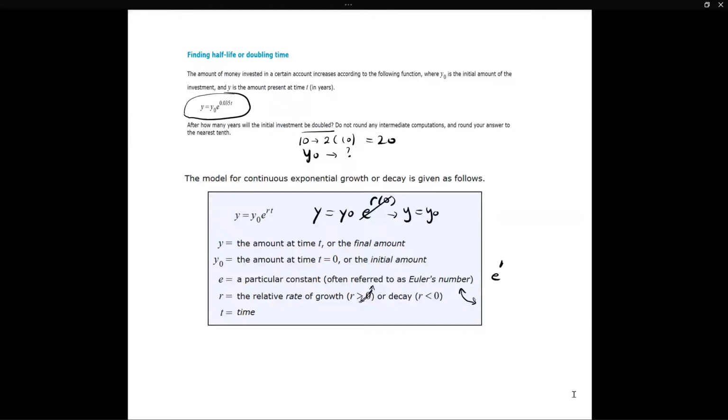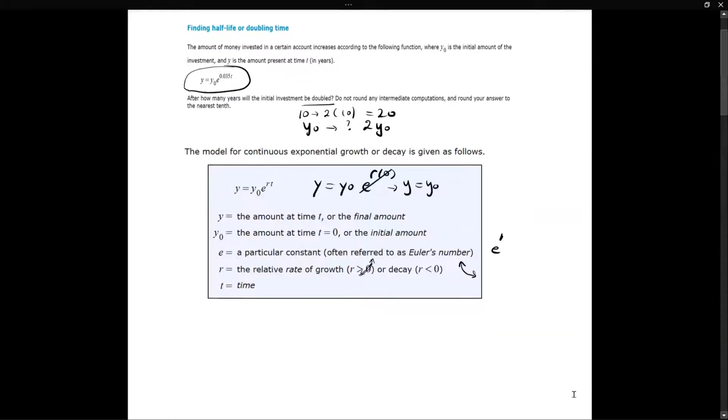If y0 is 20, then it's 2 times 20. If it's just y0, which is the initial value, when it's doubled, it becomes 2 times y0.